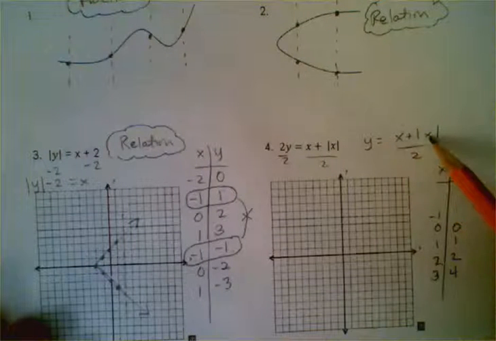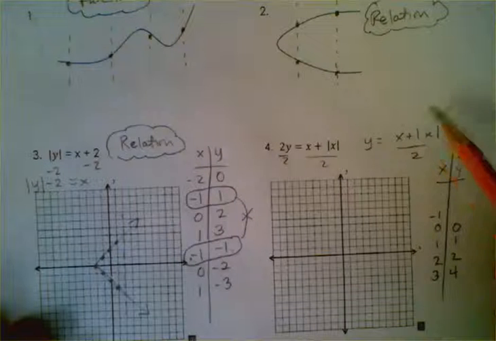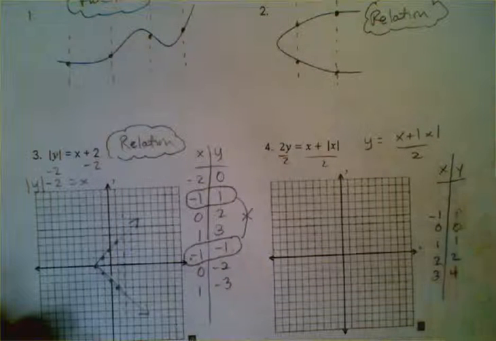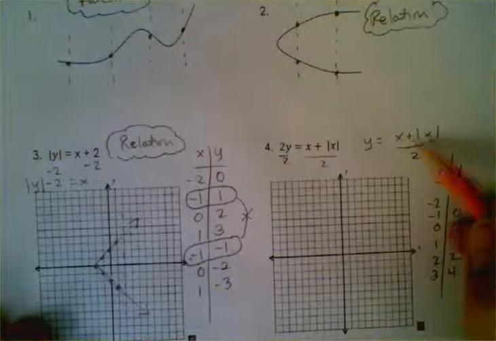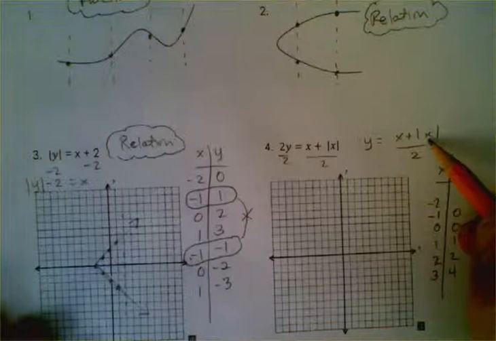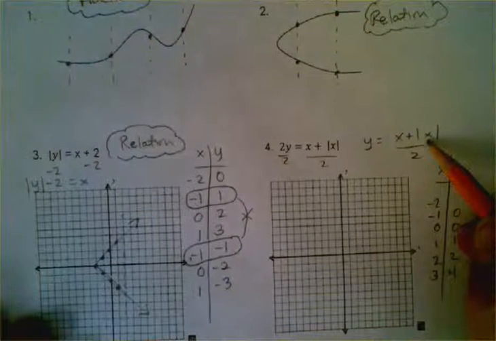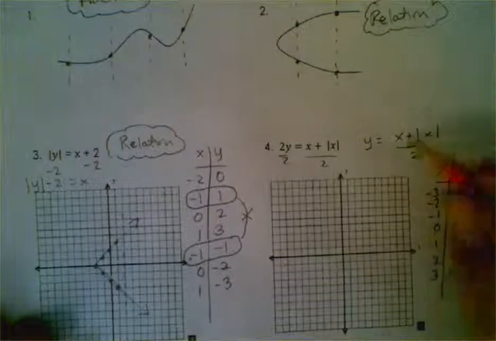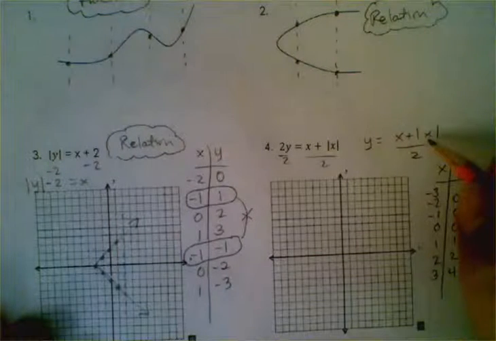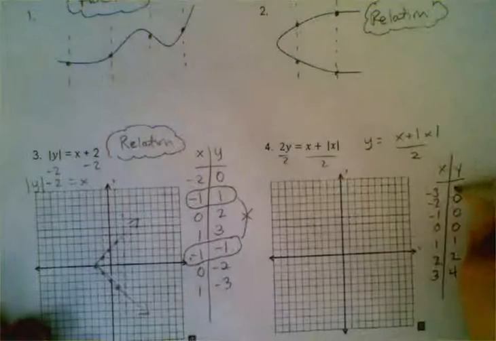Negative 1 plus, this becomes positive 1. So that gives me a 0 as well. Negative 2 plus positive 2. Interesting, gives me a 0 as well. Negative 3 plus positive 3.